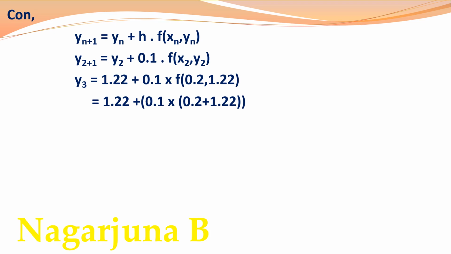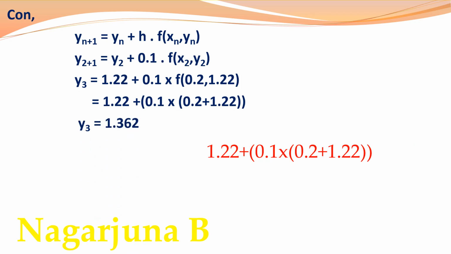In the calculator, you can calculate this in this form: 1.22 plus open the bracket 0.1 into open the bracket 0.2 plus 1.22 close the bracket, and this will give the answer, and that answer is y3 is equal to 1.362.